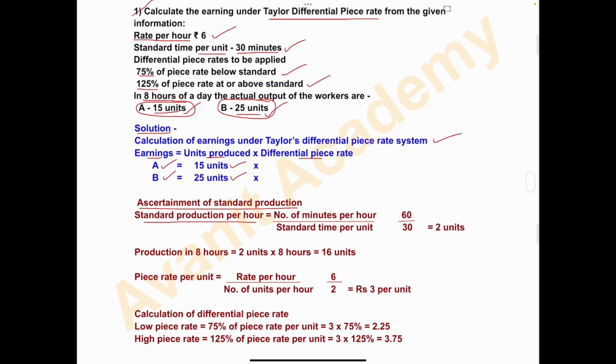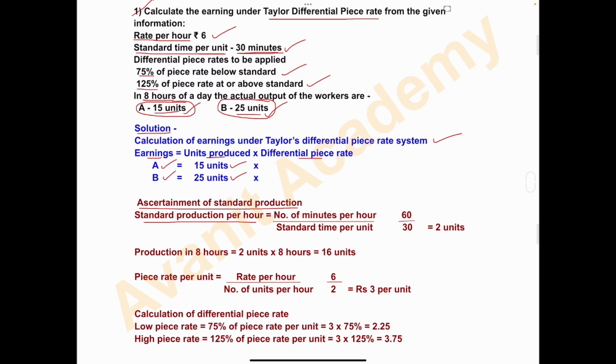So in 1 hour, how many units can be produced? In the problem they have given standard time per unit 30 minutes. So in 30 minutes 1 unit can be produced.